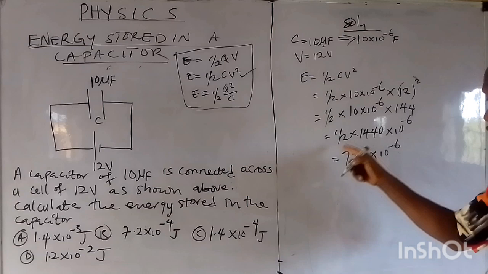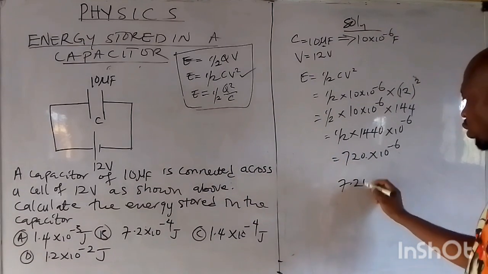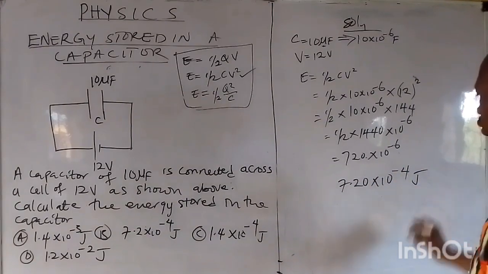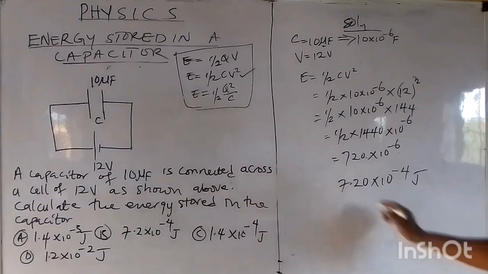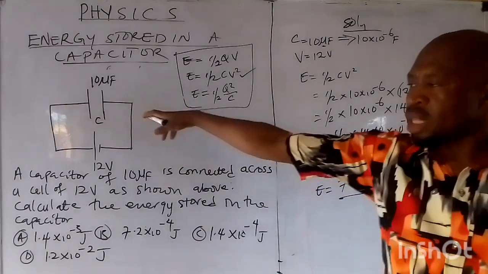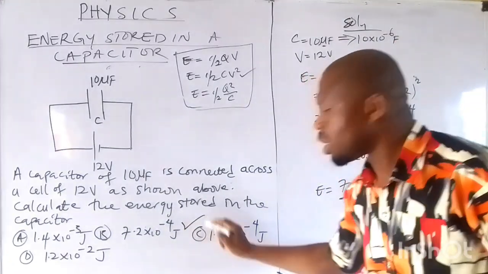So we have 7.20 times 10 raised to the power minus 4 joules. And of course, from every indication here, we now have that the energy stored in this capacitor is option B.